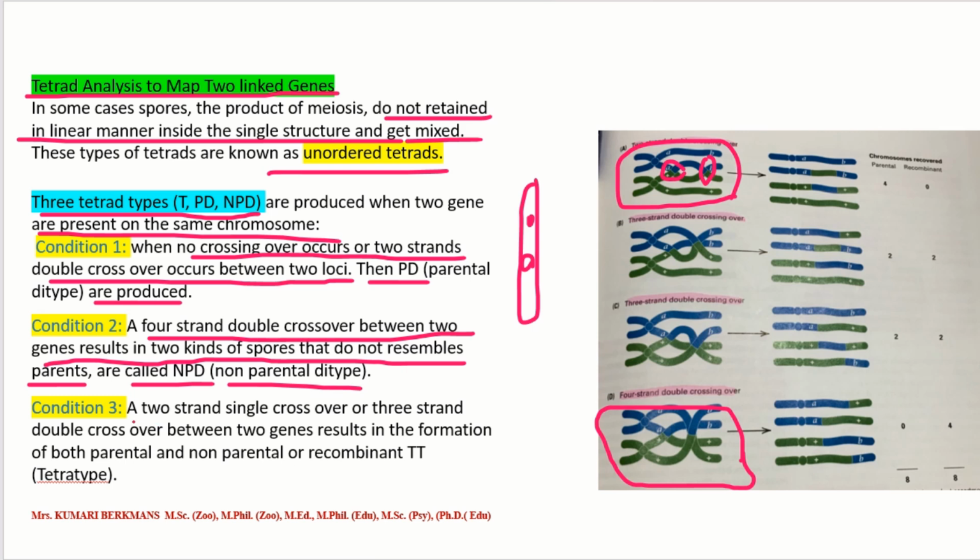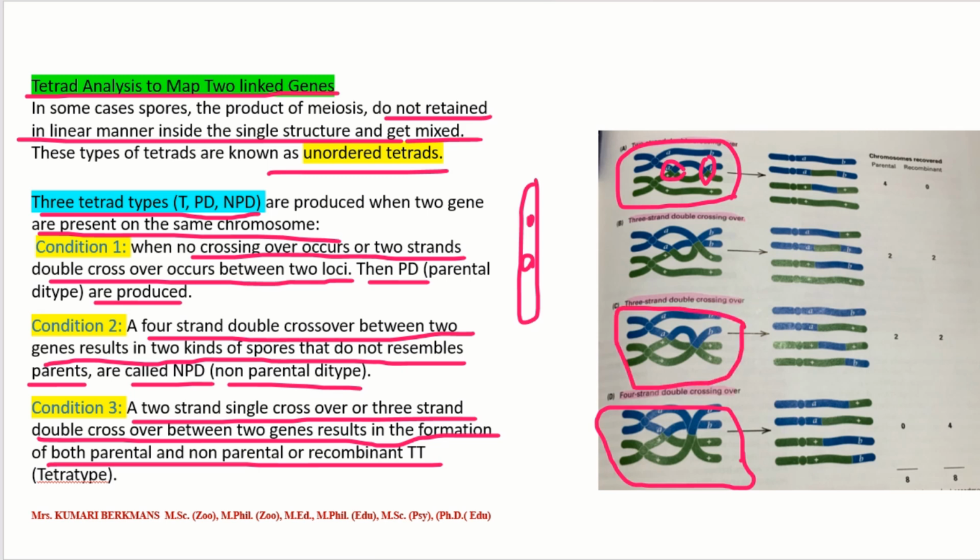And condition number 3: a two strand single crossover or three strand double crossover between two genes results in the formation of both parental and non-parental or recombinant types. That is tetratype. You can see here 3. Sometimes 2 may cross or sometimes 3 may cross, and they form half like parent and half not like parent.